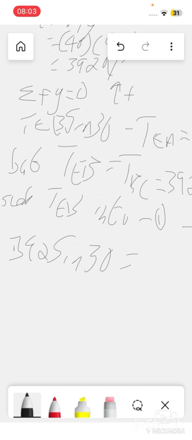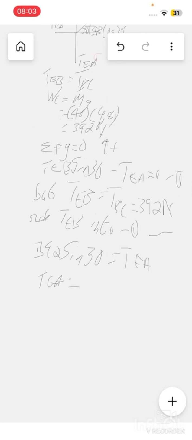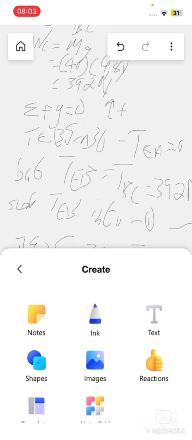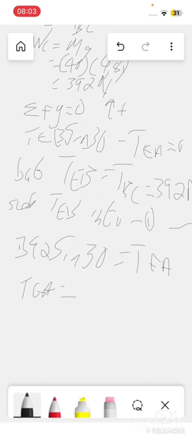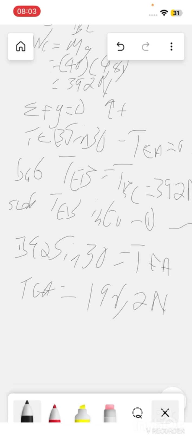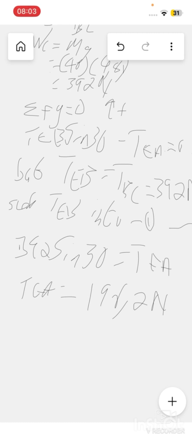Let's transpose this TEA to this side. Therefore, our TEA, let's punch the calculator, is going to give us 196.2 Newton. Okay, but we are not done.